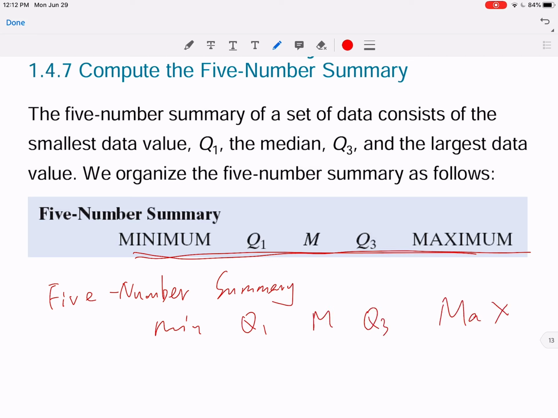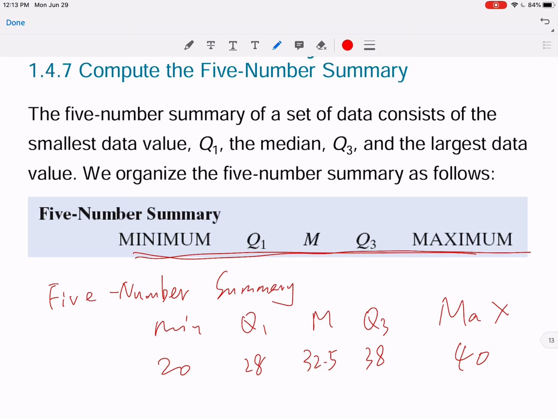So what we need to do next is find those 5 numbers from the original data. We have already known that Q1 is 28, median is 32.5, Q3 is 38. They're all from the previous example we just finished. And I believe the minimum is 20 and the max is 40.